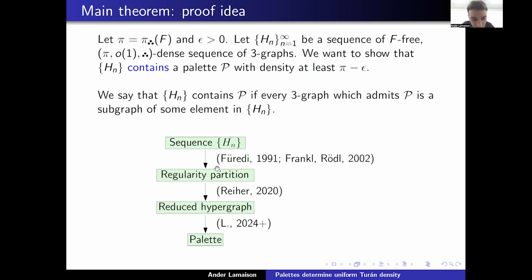Now, Reiher showed that you can perform some cleanup on this hypergraph using the fact that the sequence of hypergraphs is uniformly dense, so that all linear-sized subsets have the same edge density. And you obtain something that is called a reduced hypergraph. And then my contribution here, what I do in the paper, is the final step, which is taking this reduced hypergraph and finding a palette inside of it.